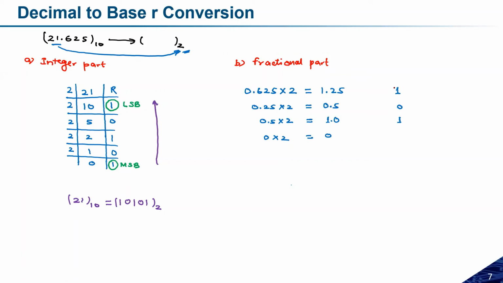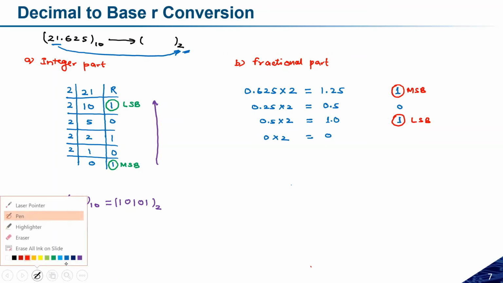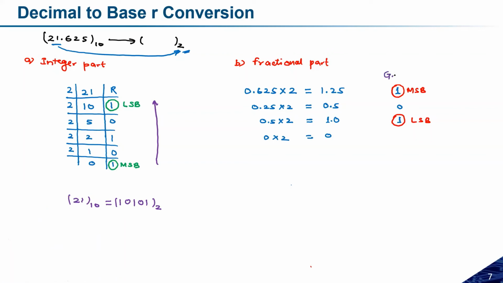The first generated integer becomes the MSB for the fractional part, and the last one becomes the LSB for the fractional part.